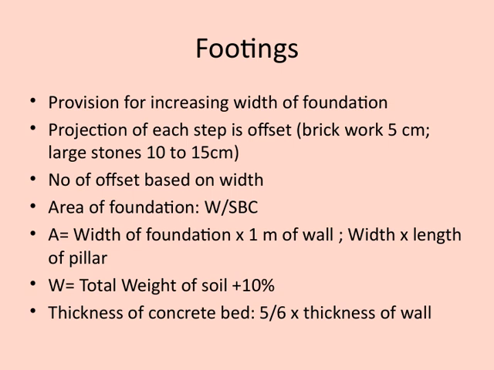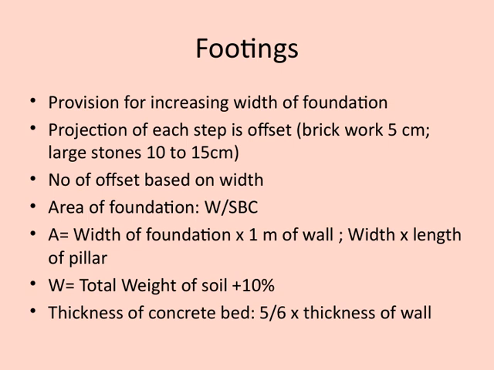When calculating the area of the foundation, we use the formula W divided by SBC, meaning the width of the foundation divided by the soil's bearing capacity. The area, A, is then the width of the foundation multiplied by 1 meter of wall length, or the width times the length of a pillar.